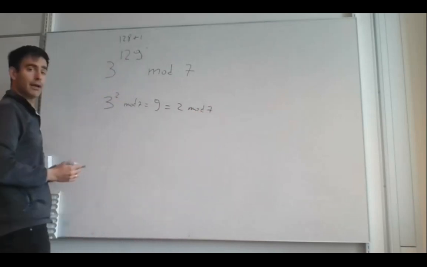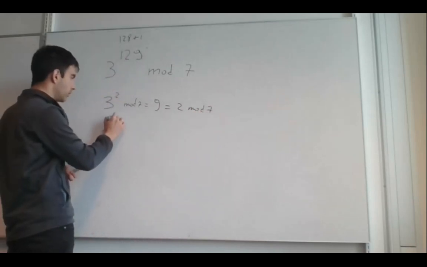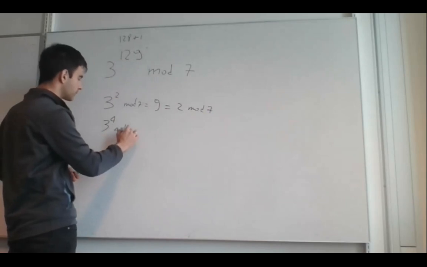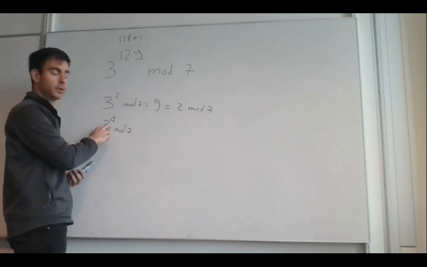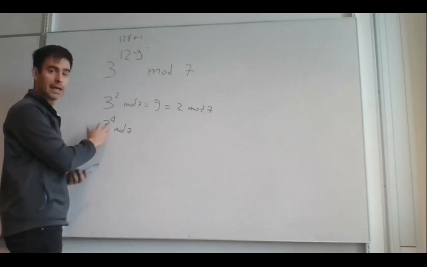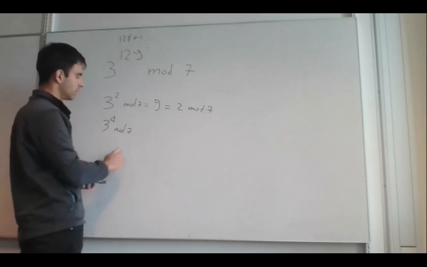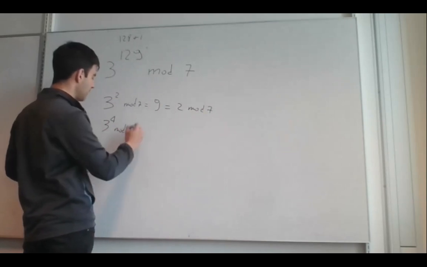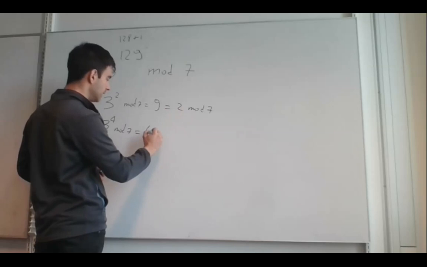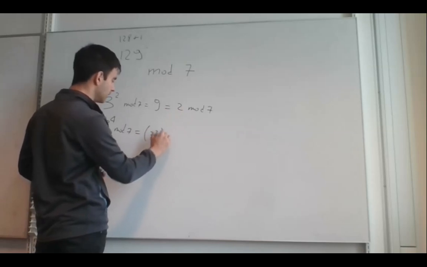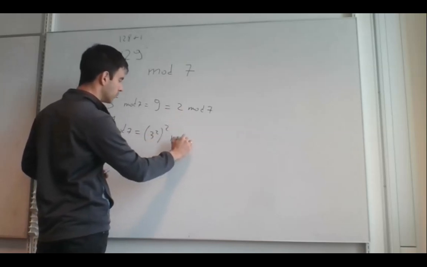Great. And now I can ask myself, what is 3 to the 4th modulo 7? Well, I could, of course, compute this directly. It's not such a big number, so I could do it. But I'm lazy. So instead, since I already know what 3 to the second is, I'm going to write this as 3 to the second, squared, modulo 7.